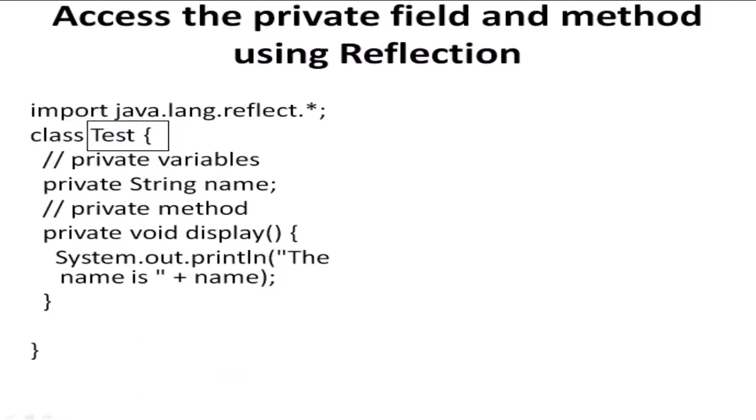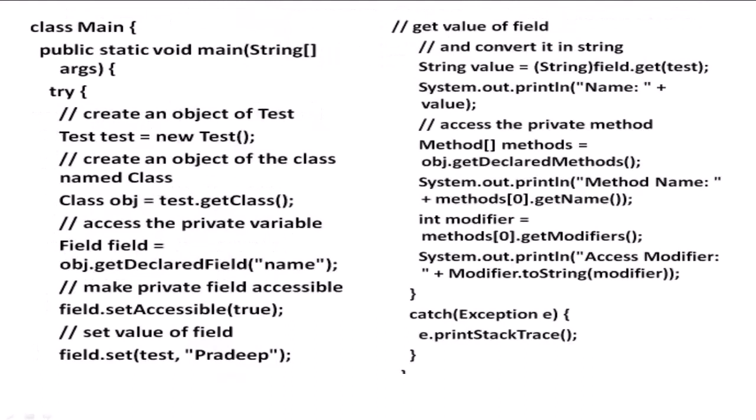Now what we are going to do in the next program is try to access the particular method here in Test. So we are creating the test object. The object is Test test equal to new instance of Test. That one we have created.